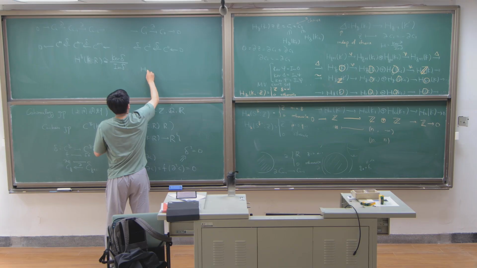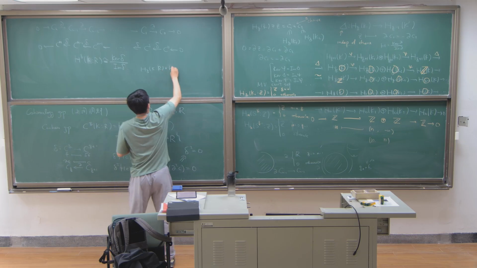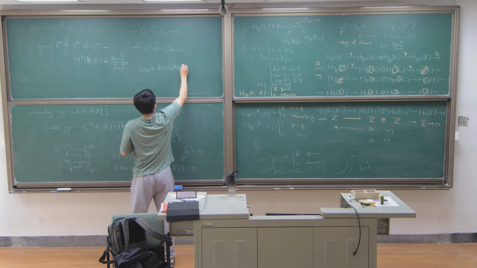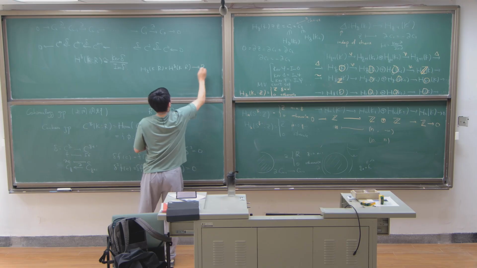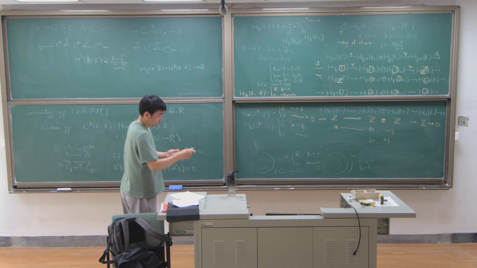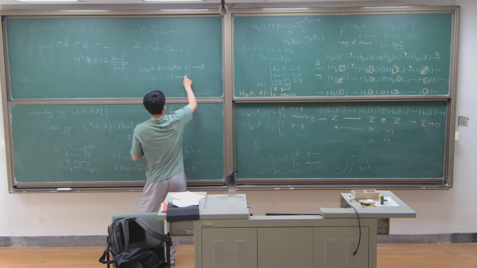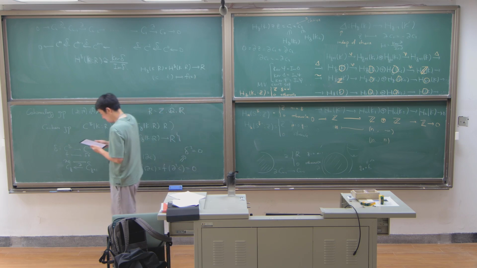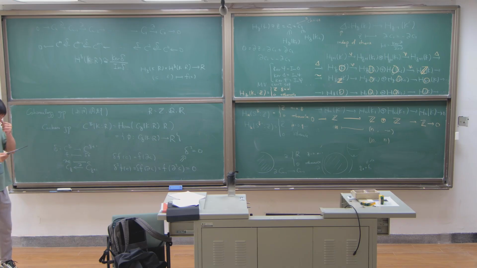So you can have a natural pairing. Okay. So you have a pairing. So C and F is not F C. It's a natural pairing between the homology group and the cohomology group.